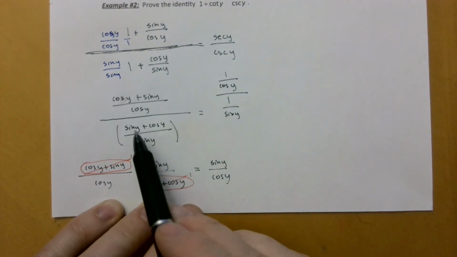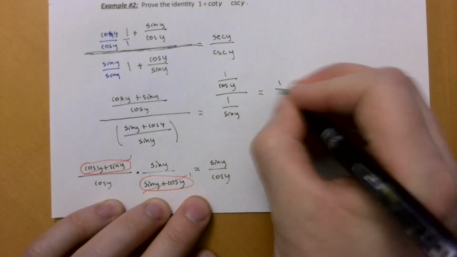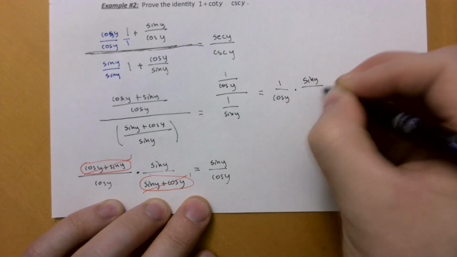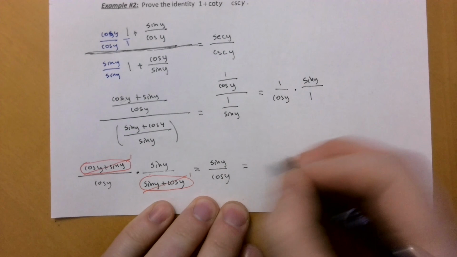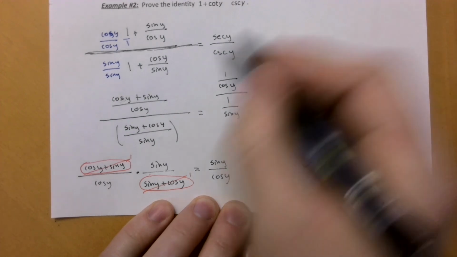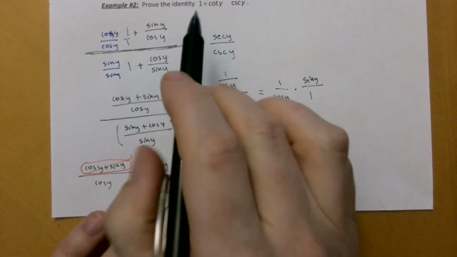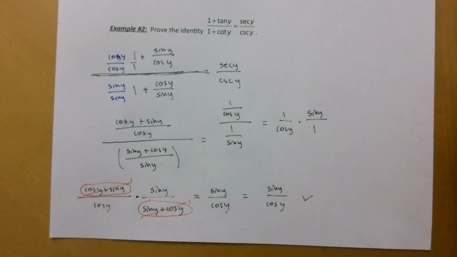And now we do the same thing we did here. We flip and multiply. So this becomes 1 over cosine y times sine y over 1. There it is, right? Multiply across, and this becomes sine y over cosine y. I apologize, this got a little messy in terms of the layout. But we have just proved that 1 plus tangent divided by 1 plus cotangent equals secant over cosecant.